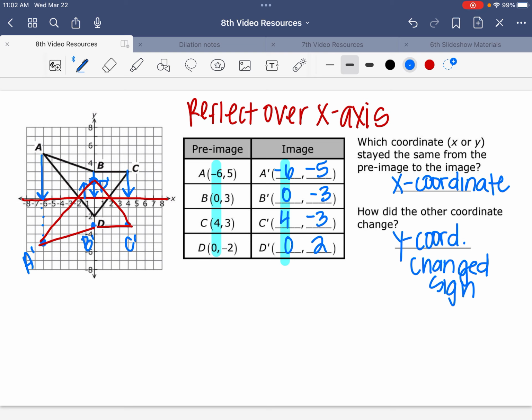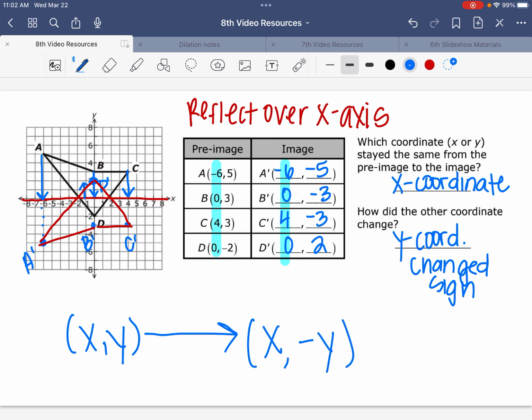And so we can write an algebraic rule for this. We can say, okay, here is (x, y). That's our pre-image, that's where we're starting. And when we reflect it over the x-axis, my x-coordinate stays the same and in the same location, but my y changes sign. So it's the opposite of whatever y is. And this is our algebraic rule.